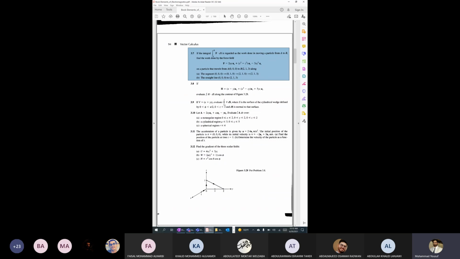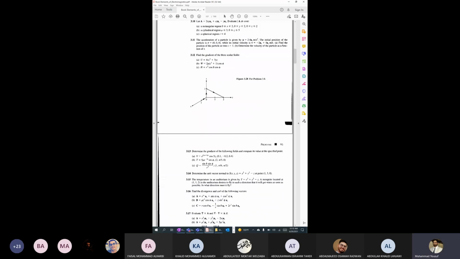Next, question number 3.8 is along this figure. If you look at this figure, the point is going from 1 to 0. What are the coordinates of the starting point? There are three curves here: 1 to 0, 0 to 1, and then 1 to 2. You can write the coordinates of these points.